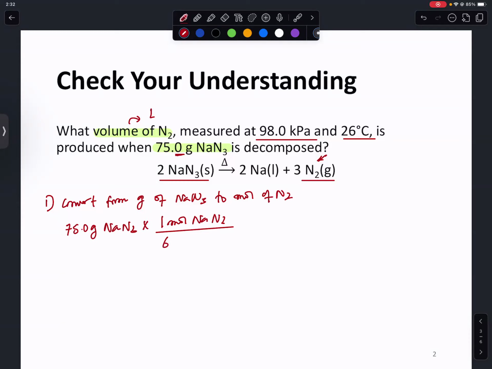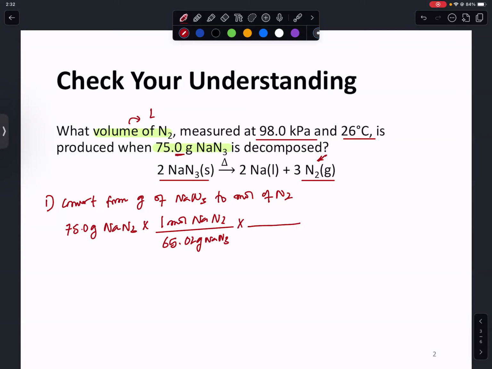And by the way, this information, the molar mass, etc., will be given to you on the exam to save you time. So 65.02 grams of sodium nitrite.